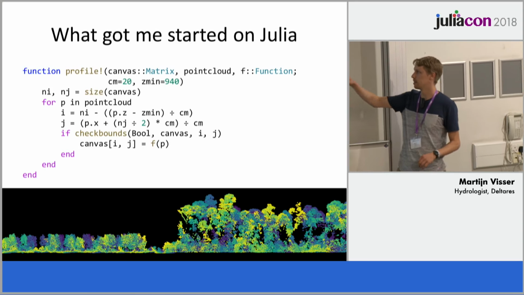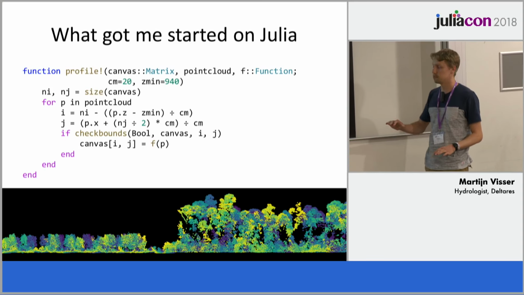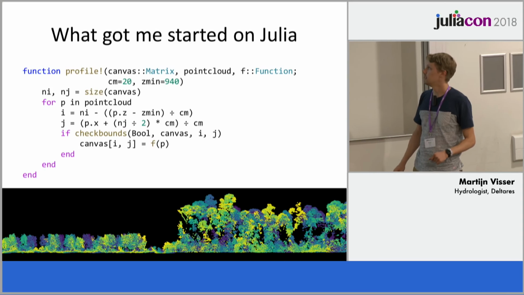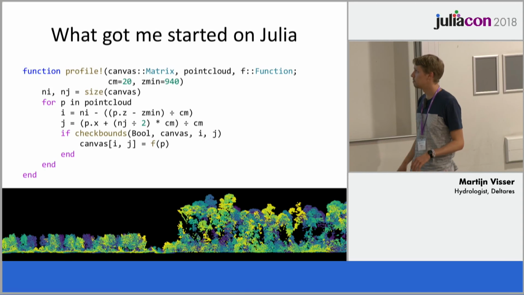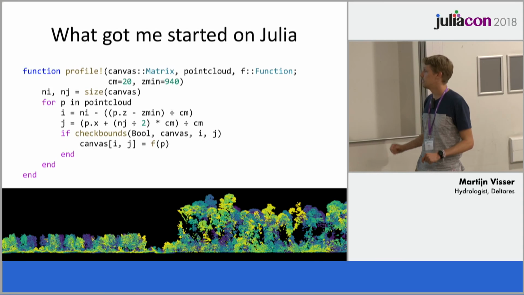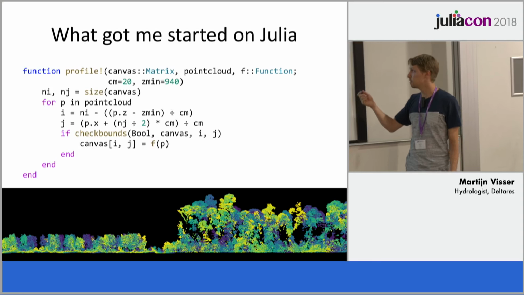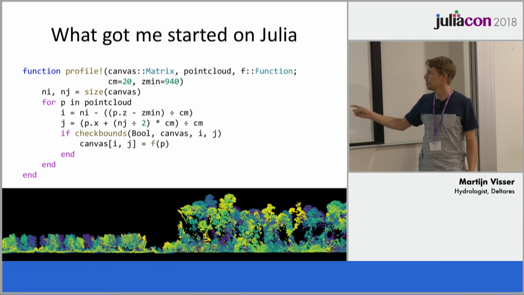Here I'm just showing a simple function that shows basically what I like about using Julia, where I just put in an array of colors and I stuff in a point cloud, and give it a function that converts each point in the point cloud to a pixel on the image.